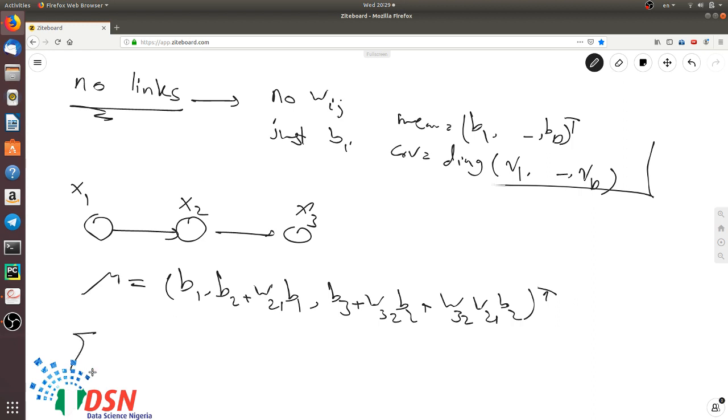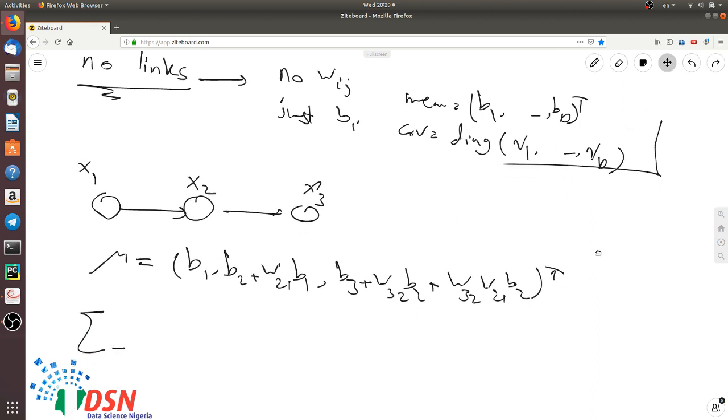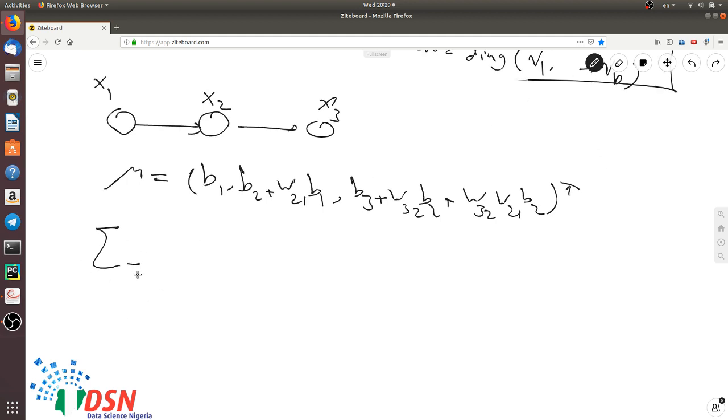And also for the covariance matrix, you know that we represent the covariance matrix with capital sigma.